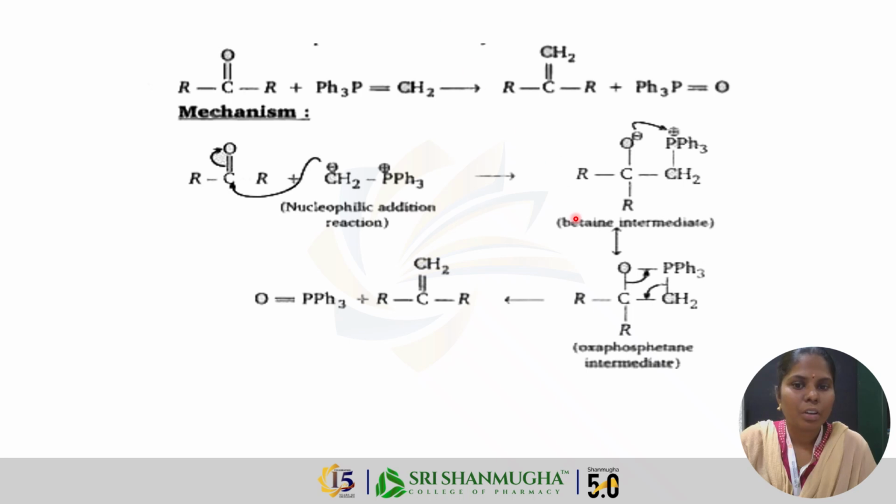The oxaphosphetane breaks down and leads to the formation of an alkene as the main product and triphenylphosphine oxide as the byproduct.